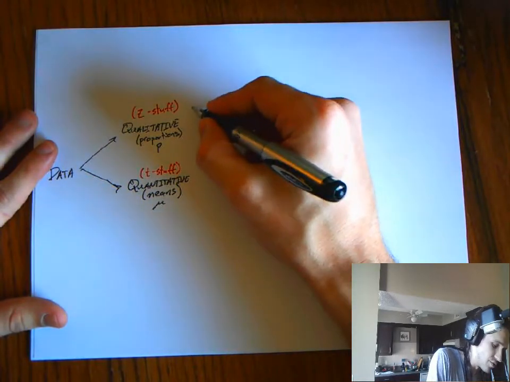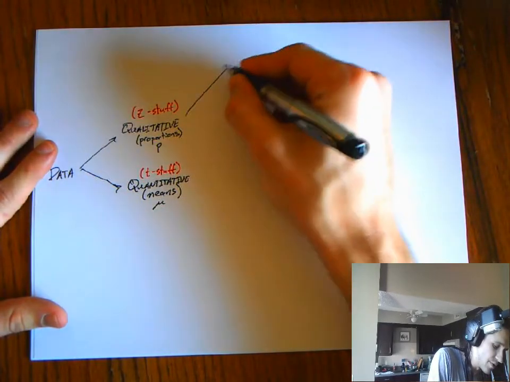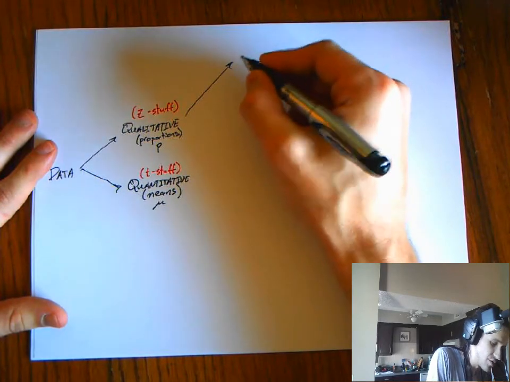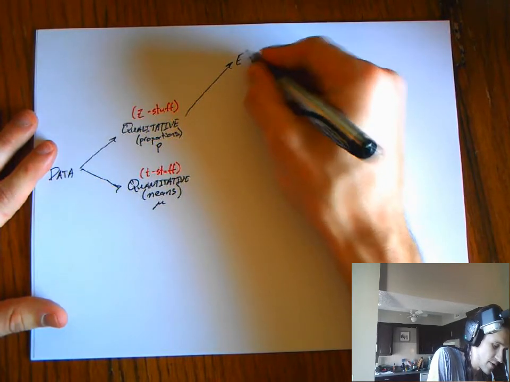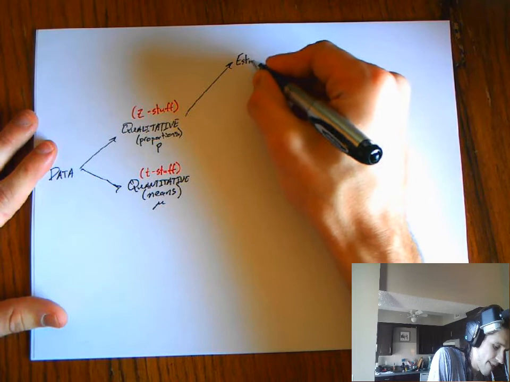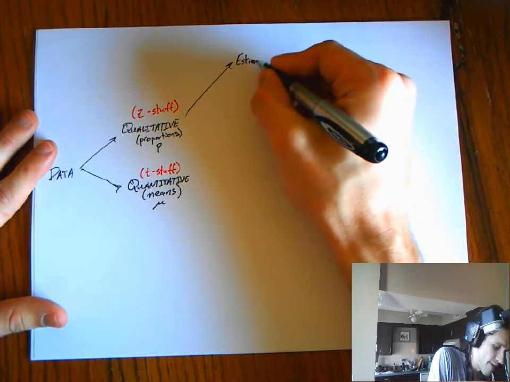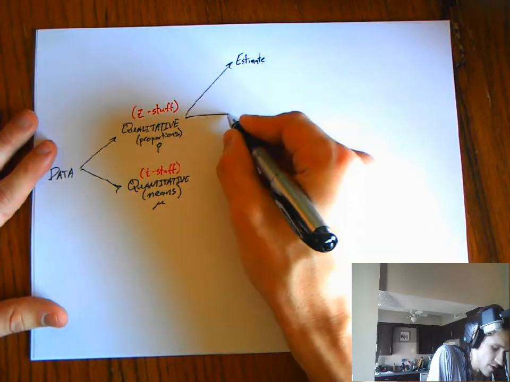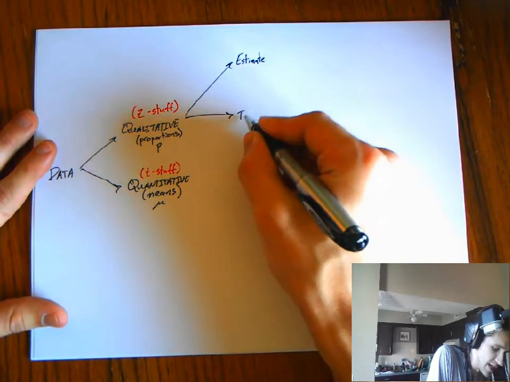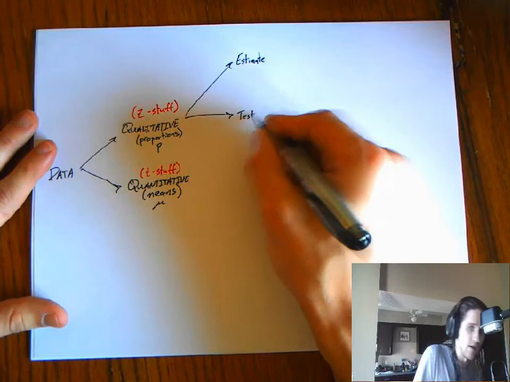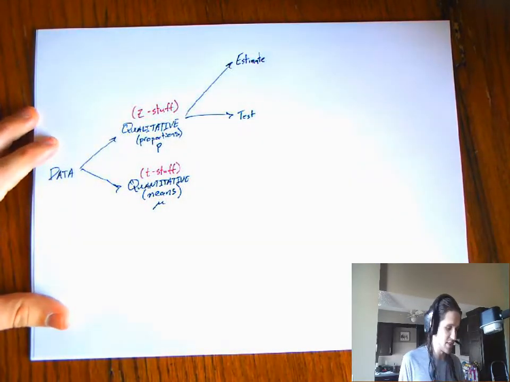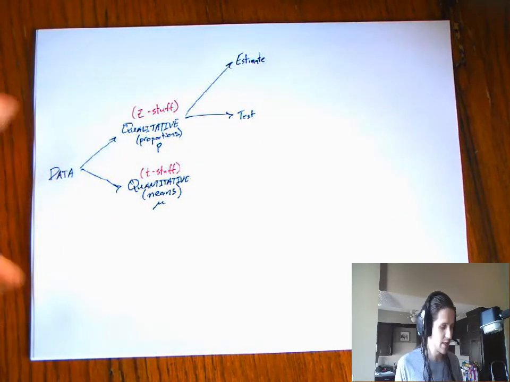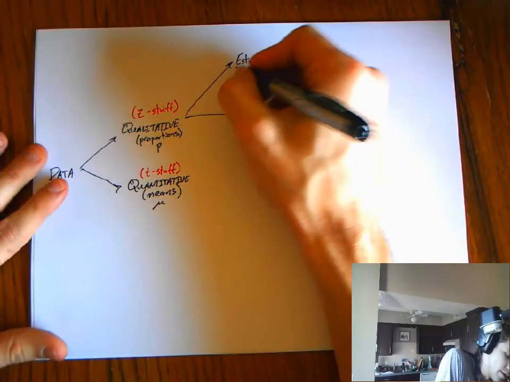asked here to go all the way up here? Are we asked to estimate or are we asked to test? Okay, well, if we're estimating, what are we going to be doing?